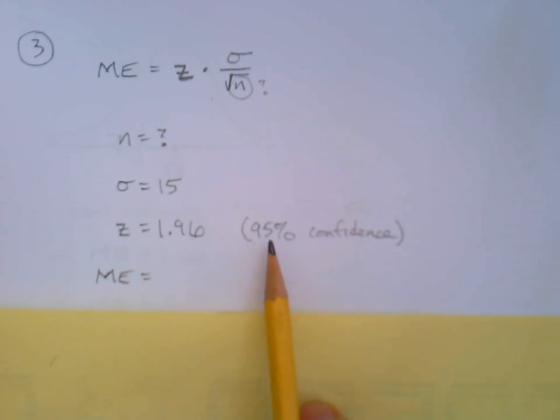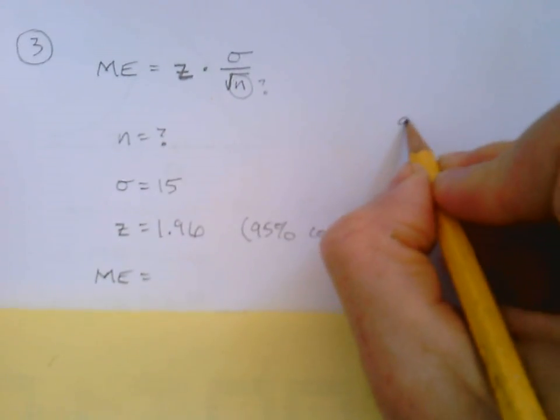Since the 95% confidence level is the most popular one, it would probably save you some time if you just memorized that a 95% confidence level means Z equals 1.96.